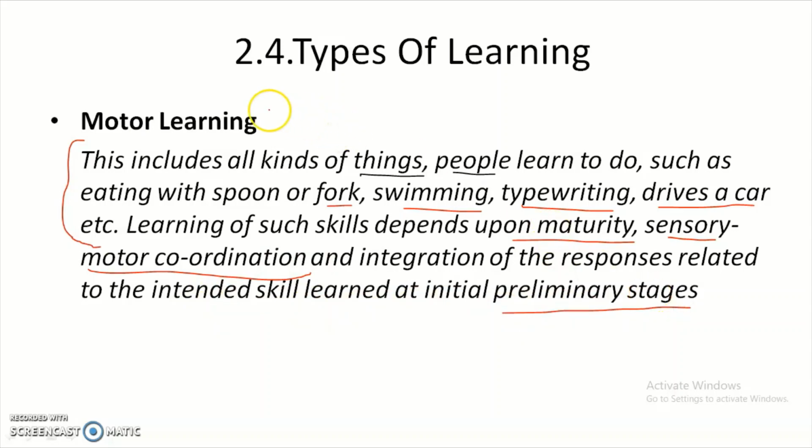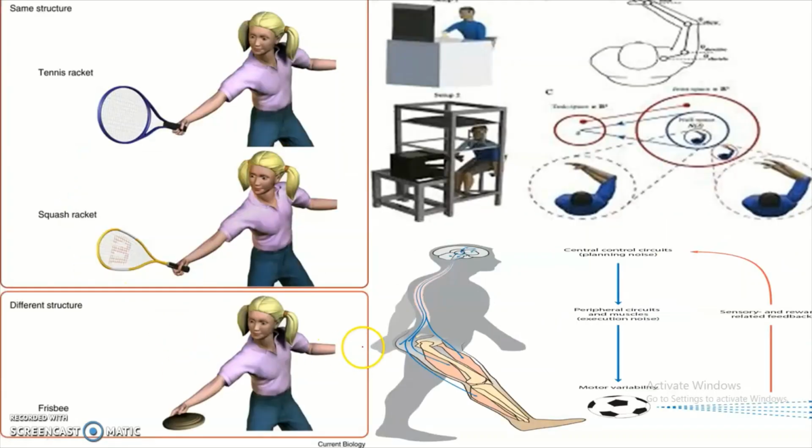For perfect doing of motor learning, there must be perfect motor coordination. Sensory motor coordination means, let's take the hand. This joint is the motor, and the sensory coordination means coordination from the brain to here must be there. Whenever the coordination is perfectly maintained, only then will the perfect angle to hit the ball happen.